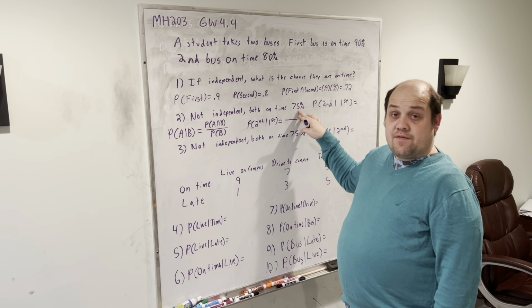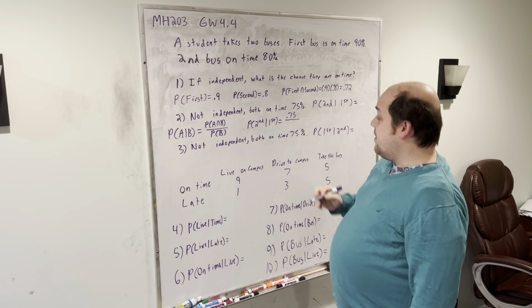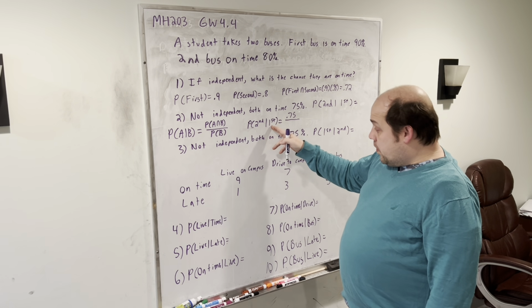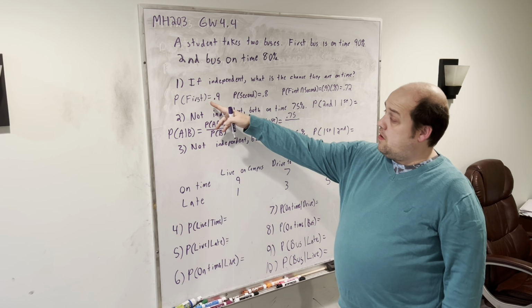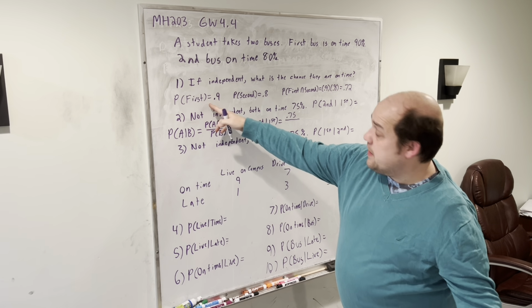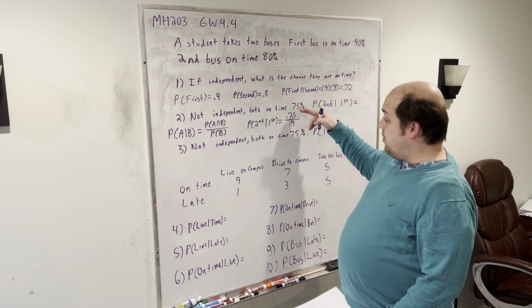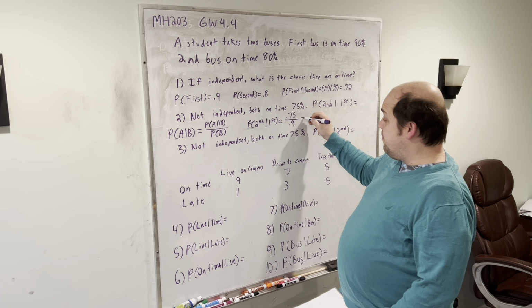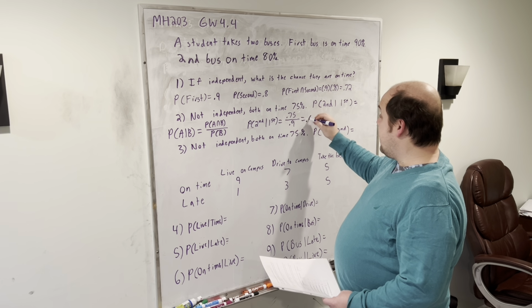If I take 75% and divide by 100, that's how I get the decimal, 0.75. What's after the given line is first, so I go back to find the probability of the first thing happening. Since the probability of the first thing happening is 0.9, I put 0.9 on the bottom. Into my calculator, I divide 0.75 divided by 0.9, and that's how I get to my final answer here, which I got to be 0.83.